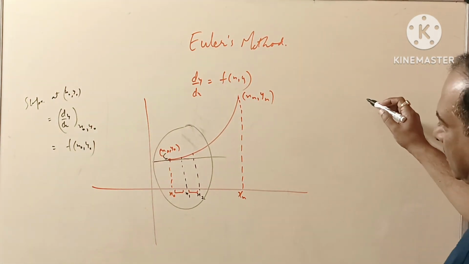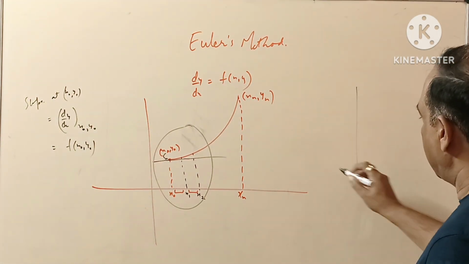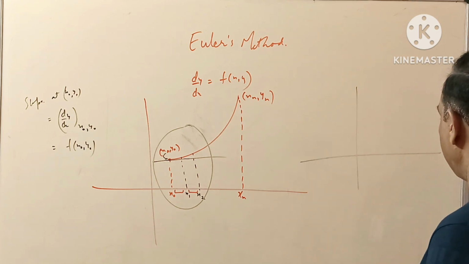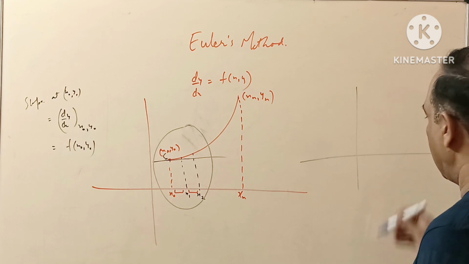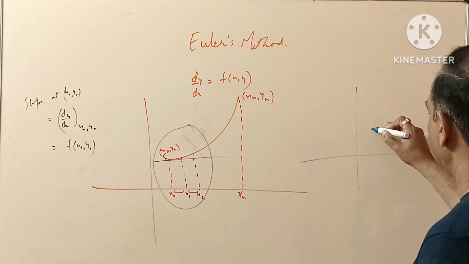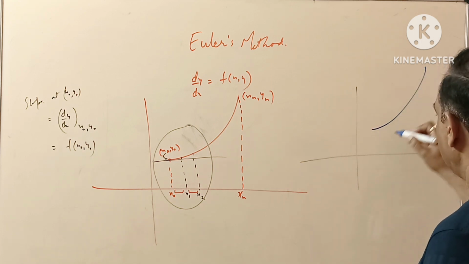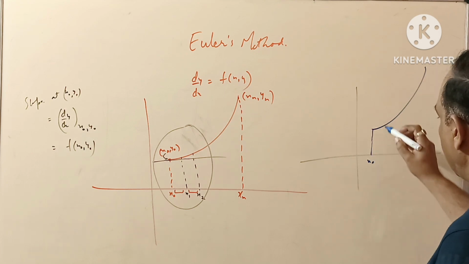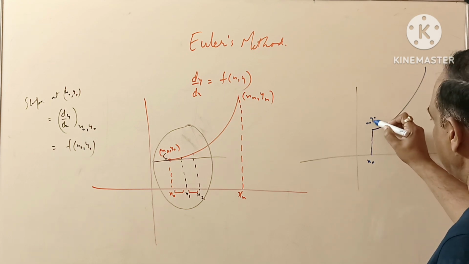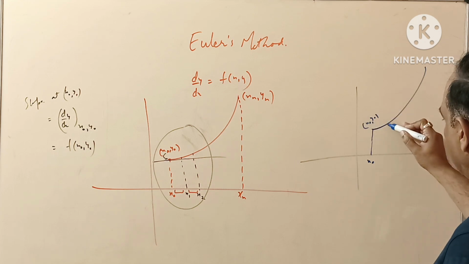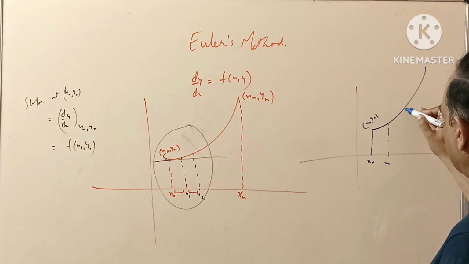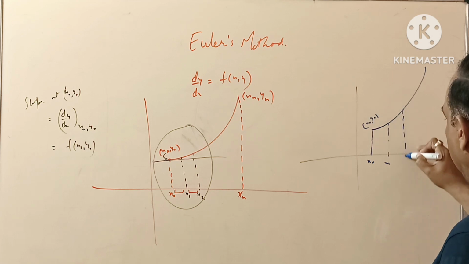Now I am going with this part, which I am taking. Now let's take the graph like this. Here this point is x naught, and here this point is x naught, y naught. Somewhere this point is x1, and somewhere this point is x2.